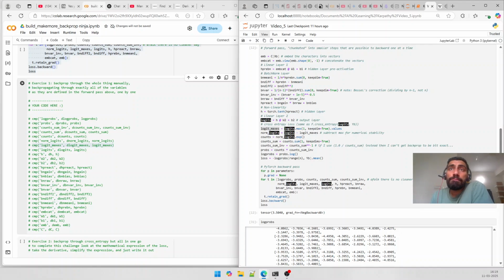This is logit maxes. Logit maxes is broadcasting into 3 and then subtracting it. Okay, so there is a broadcast happening as well.